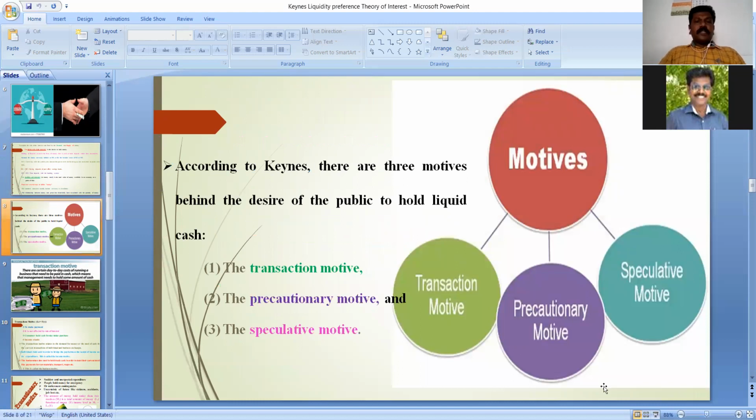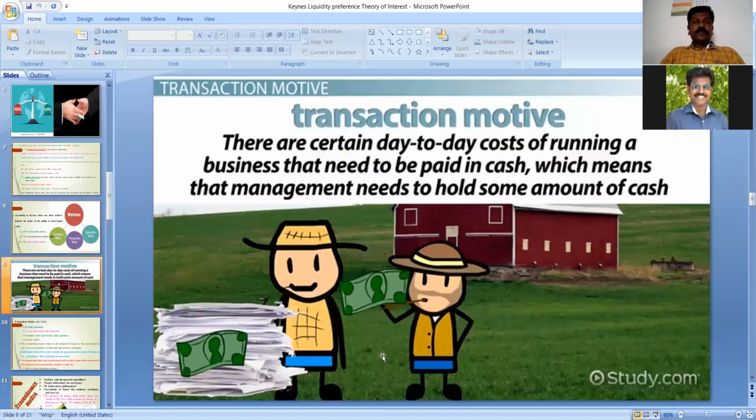According to Keynes, there are three motives behind the desire of the public to hold liquid cash. The first one is the transaction motive, the second one is the precautionary motive, and the third one is the speculative motive. Let us discuss one by one. Under the transaction motive, the demand for money depends upon the level of income.